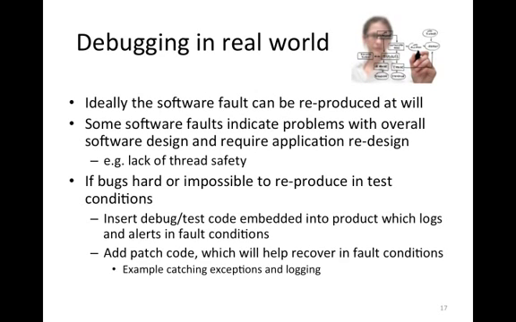In the real world, it's difficult to do. It's often difficult to recreate bugs, because they are complex. These software systems are complex systems, and the paths through the code are complex. So you think you're doing exactly the same thing and you can't reproduce the problem.